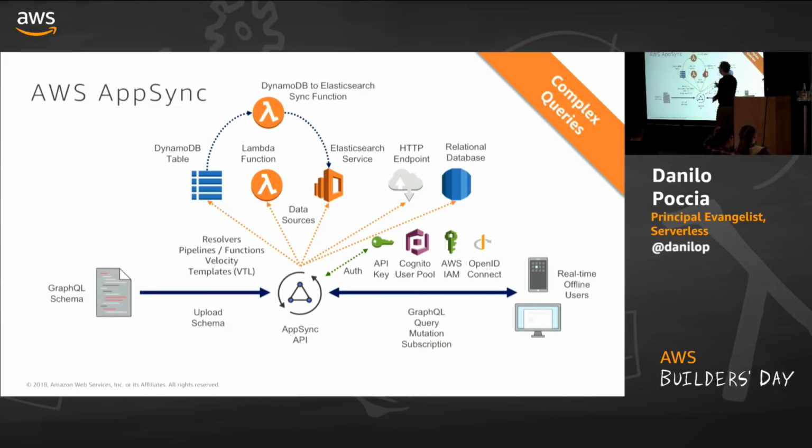Another common pattern is also to use DynamoDB streams to replicate all the content of the DynamoDB table and keep it in sync on Elasticsearch. This is something that we can also manage for you. And the idea here is that if you have a transactional operation like adding information by ID, getting information by ID, the resolver will map the schema, the query, and the mutations to DynamoDB.